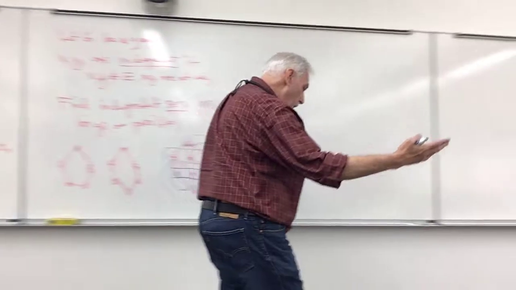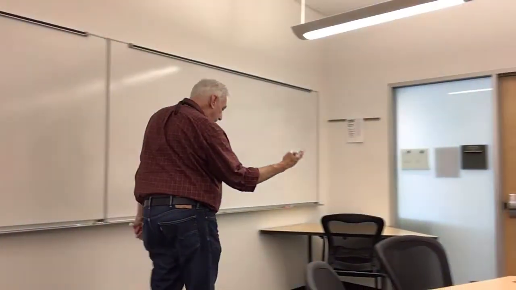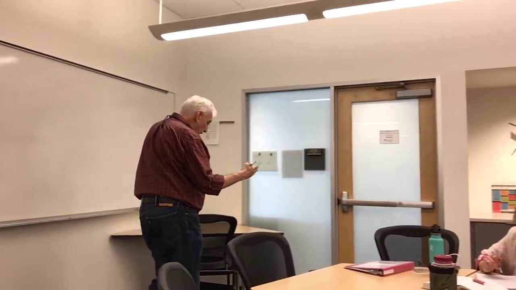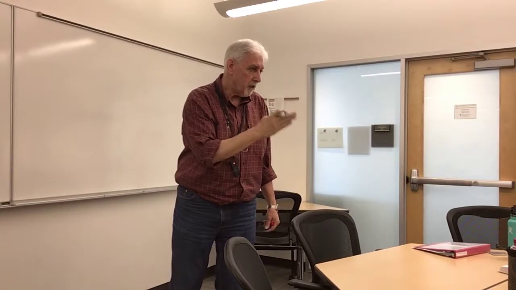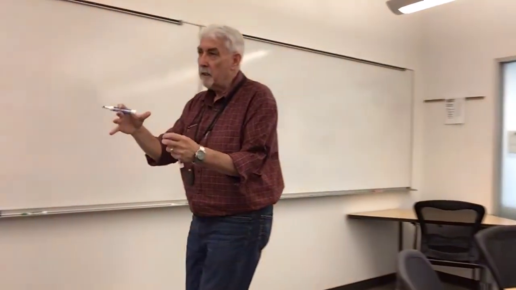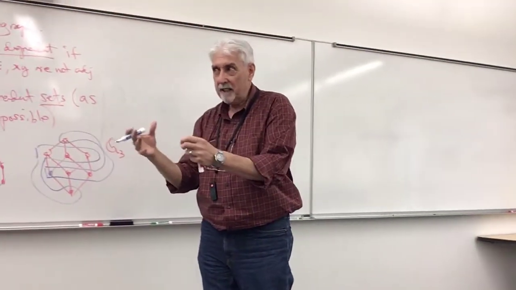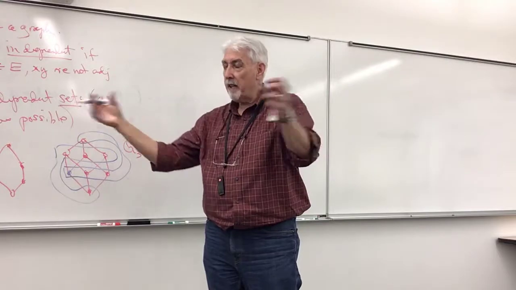So what we're going to want to do is take a graph and partition it into independent sets. What does partition mean? Just subsets? A partition is very particular. It has all the elements; the whole set has all the elements.